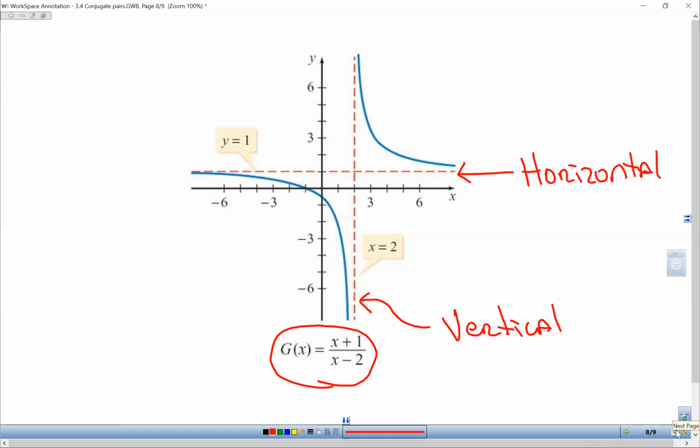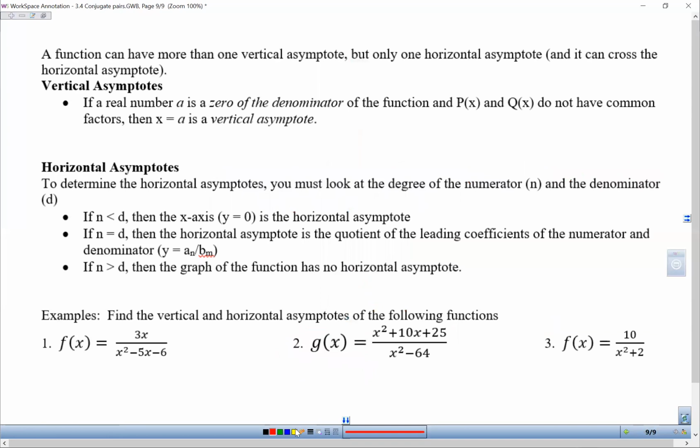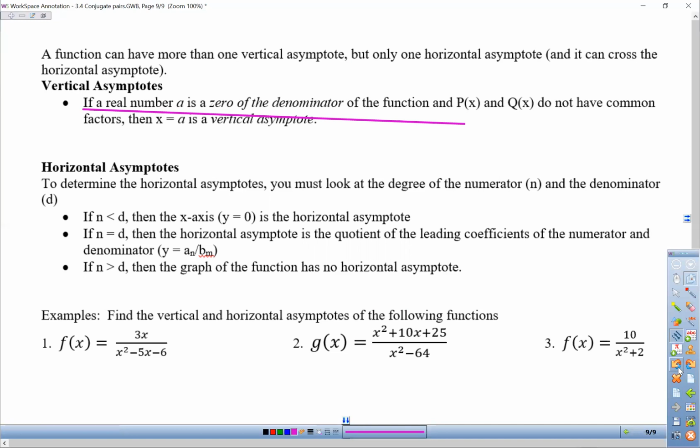So we're going to start with the vertical asymptote because that is the easy one. So the vertical asymptote is found by getting the zeros of the denominator. So if a real number is a zero of the denominator, then it is a vertical asymptote. Why is my line not showing up right? Try that again.